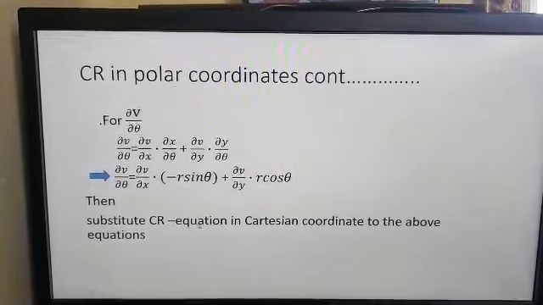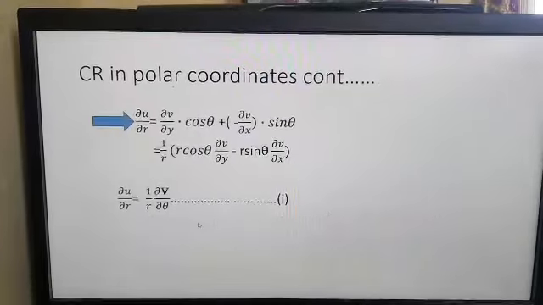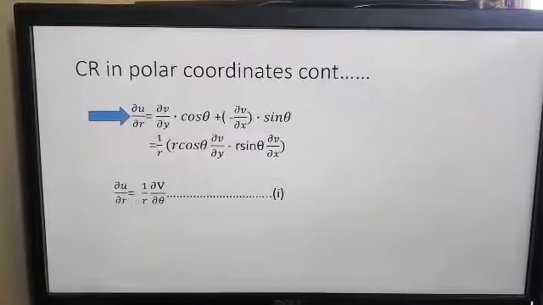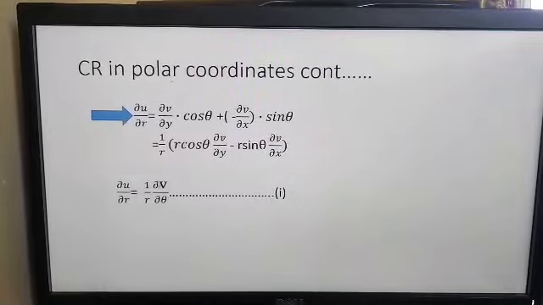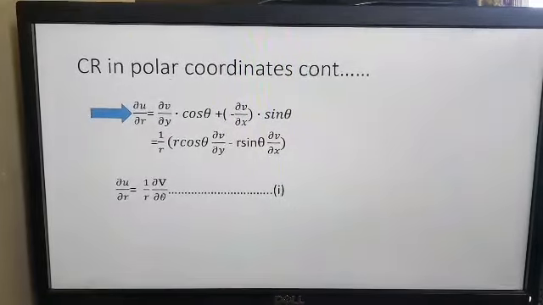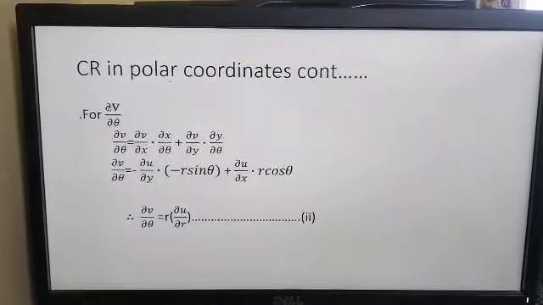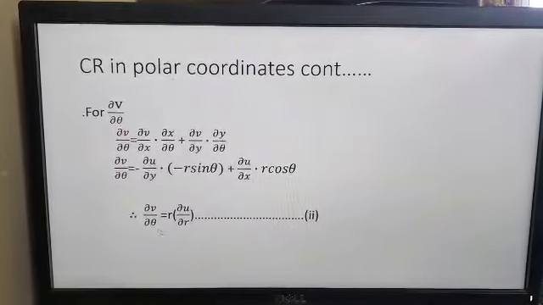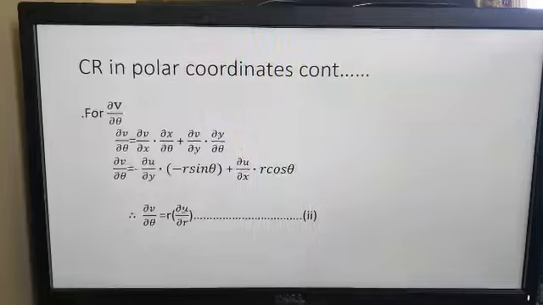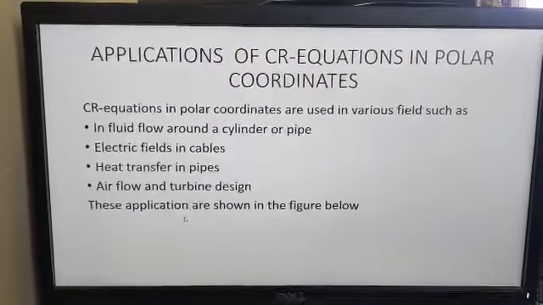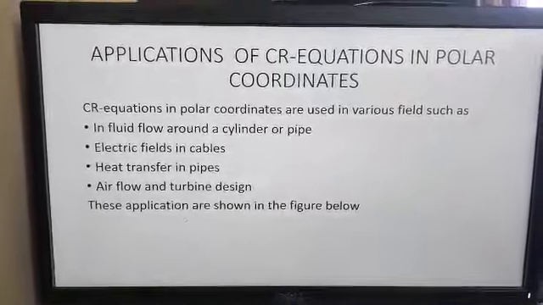Then substituting the Cauchy-Riemann equations in Cartesian form into the equations above, we obtain the partial of u with respect to r equals 1 over r times the partial of v over the partial theta. Then for the case of v, the partial of v with respect to theta equals negative r times the partial of u with respect to r. Then we are going to look at the applications.